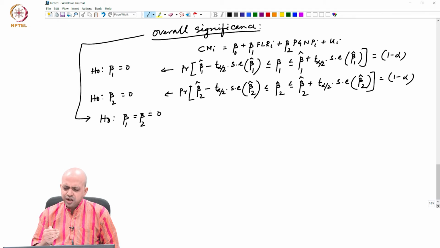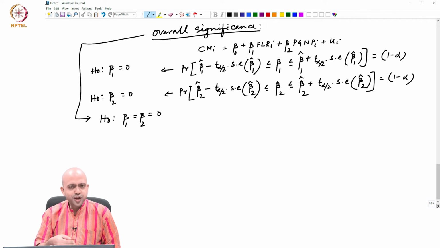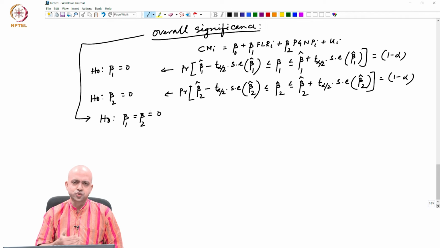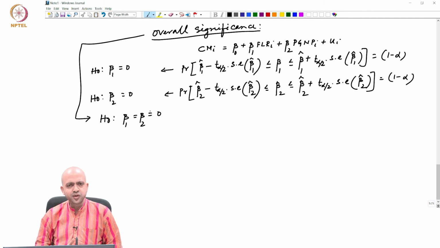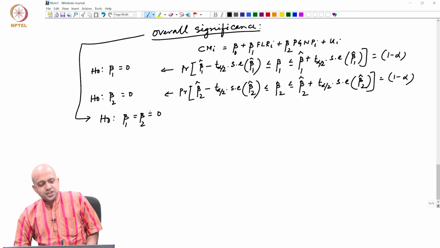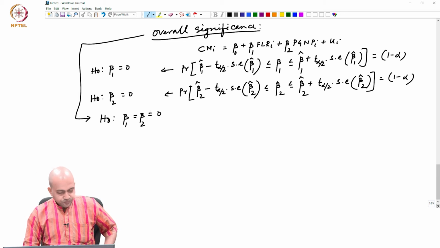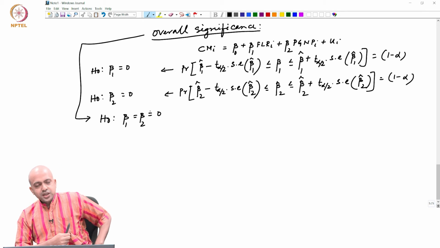So, obviously, we can ask one thing about this model. If we have already tested the individual significance of the variables following the t statistic or the interval approach, what is the necessity of putting this null hypothesis once again? Can't we conclude anything about this on the basis of the individual significance of the variables?